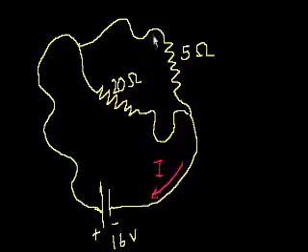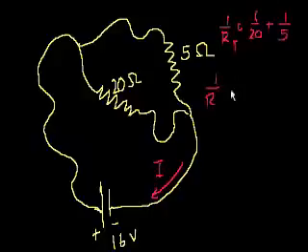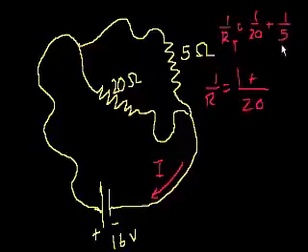So how do we figure out the equivalent resistance? Well, we just hopefully proved to you that 1 over the total resistance is equal to 1 over this resistor plus 1 over this resistor. So 1 over R is equal to 1 over 20 plus 1 over 5, which is what over 20?